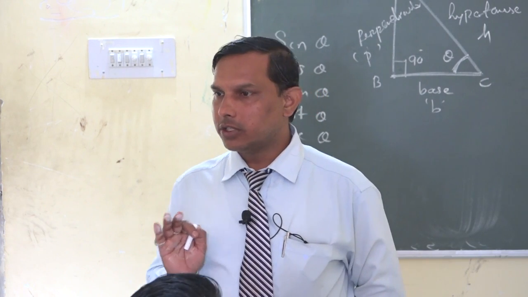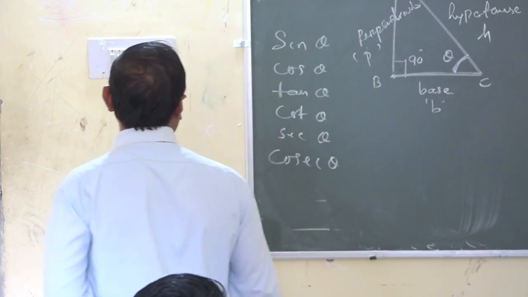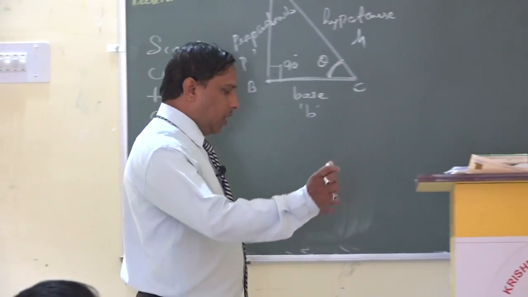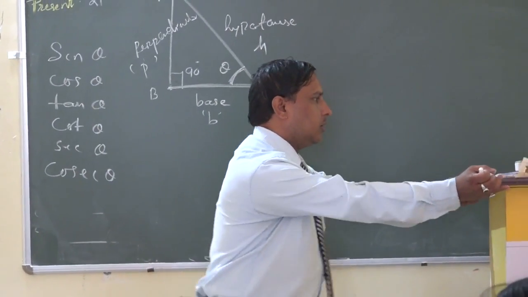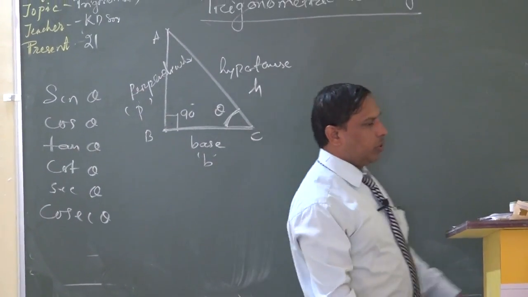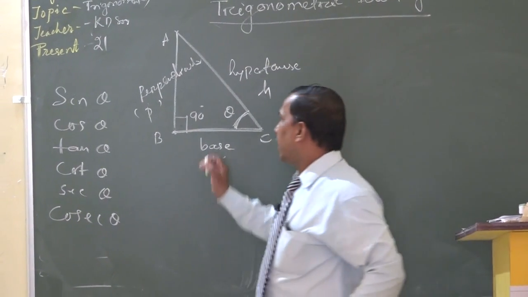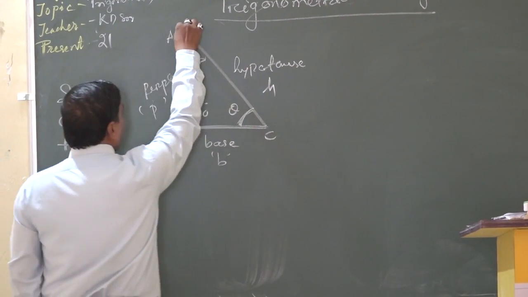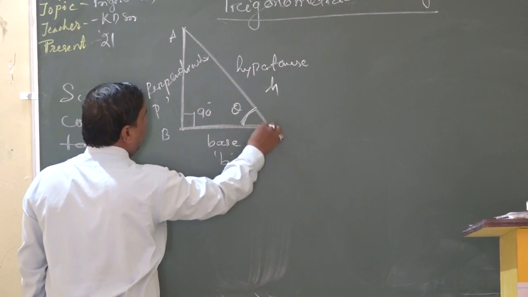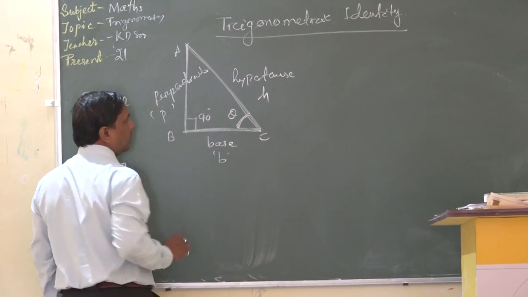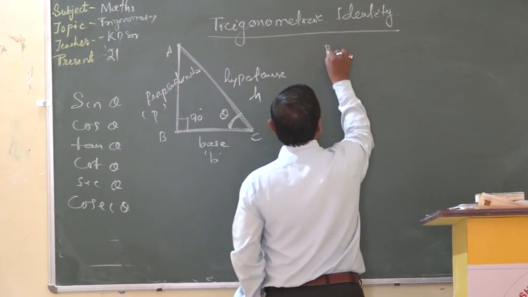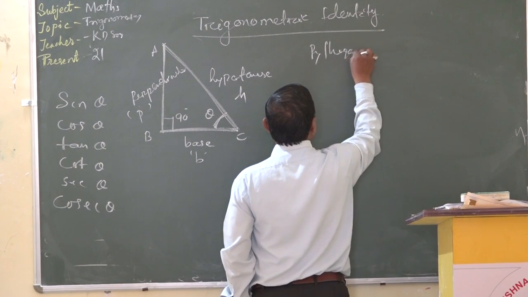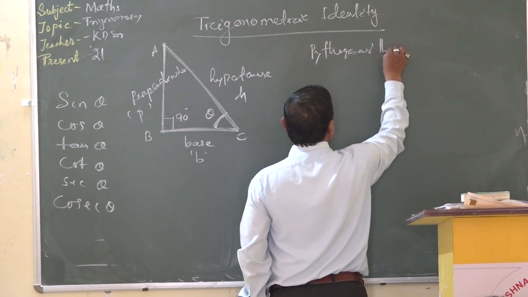That was already discussed. So today we have to think of how to find out the identities of the different values. As you know, in a right angle triangle, according to the Pythagoras theorem, what is the Pythagoras theorem? Who can say?